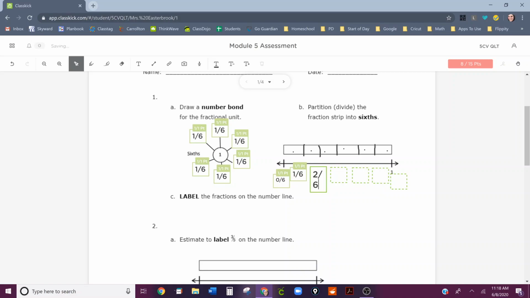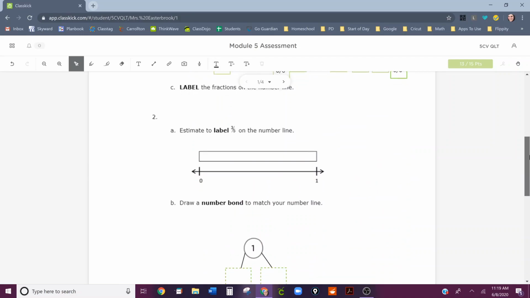And then, like we've been doing, you're just going to keep counting up. 2/6, 3/6, 4/6, 5/6, and 6/6. And really, mostly what we're showing with problem number 1 is that there's many different ways to show these fractions. So we have a number bond, we have a fraction strip, and we have a number line, and they're all showing 6. So we move to number 2.